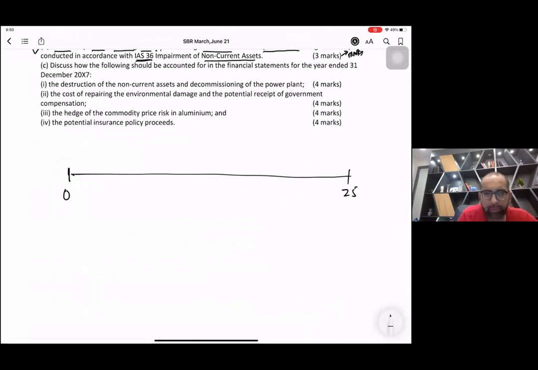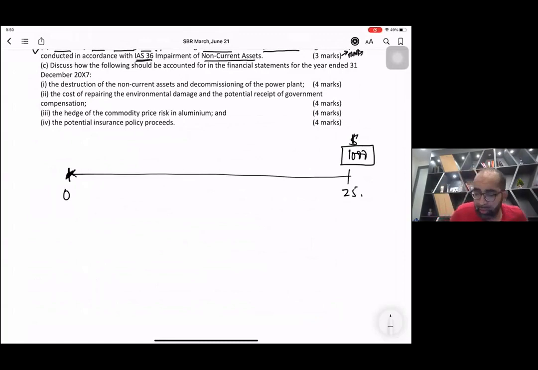This is year 25, just for your example. At the beginning of the contract, we came to know that when we end this power plant, we need to decommission it. The cost of decommissioning at the end of year 25 is $1,000.